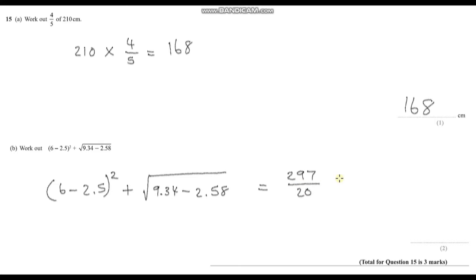And then you can press the SD button to give it to you as a decimal. That is 14.85. It doesn't matter which one of these you use, so I'm just going to use the first one, because it doesn't say give your answer as a fraction or a decimal, so either of these would be correct.